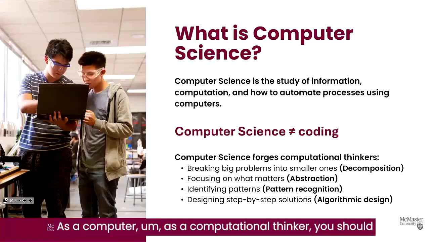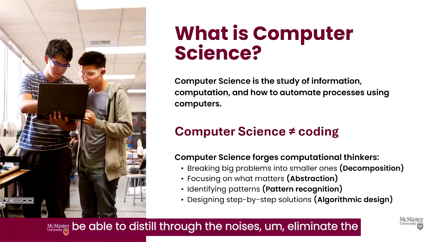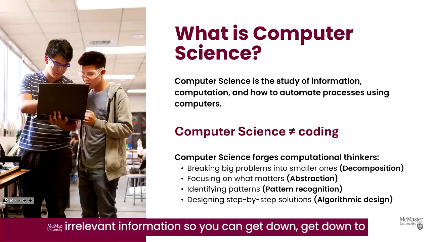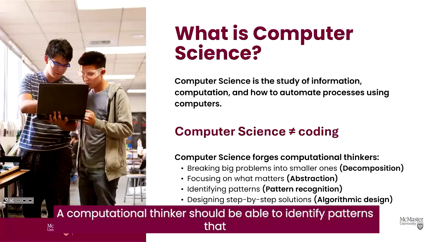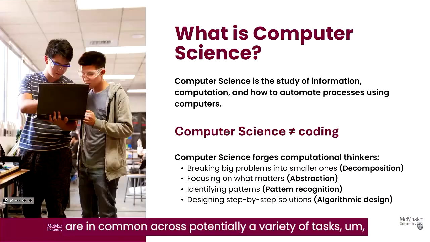You should be able to distill through the noise, eliminate the irrelevant information, so you can get down to what really matters for the problem at hand. A computational thinker should also identify patterns that are in common across a variety of tasks, and design step-by-step solutions to those problems.